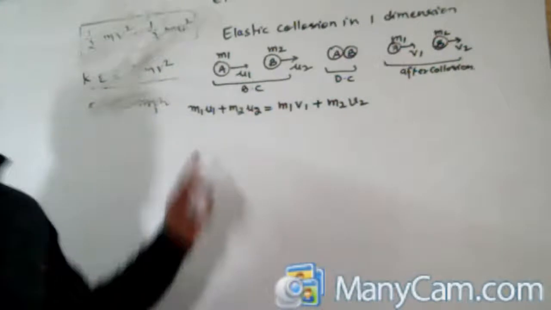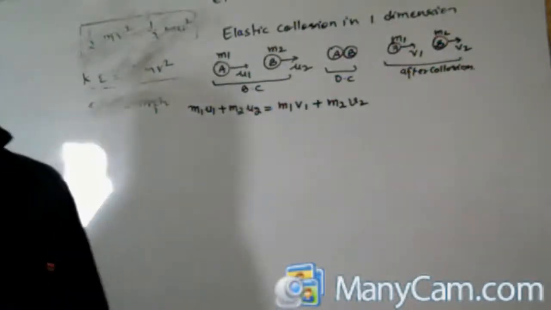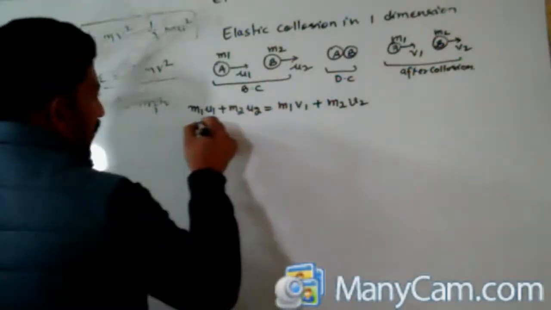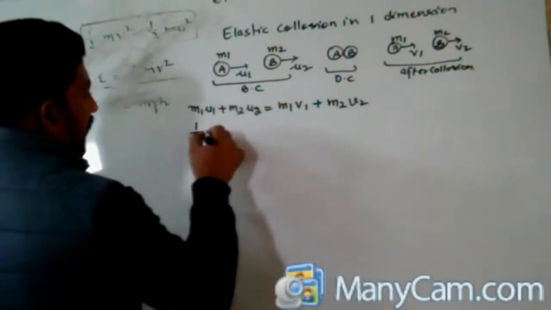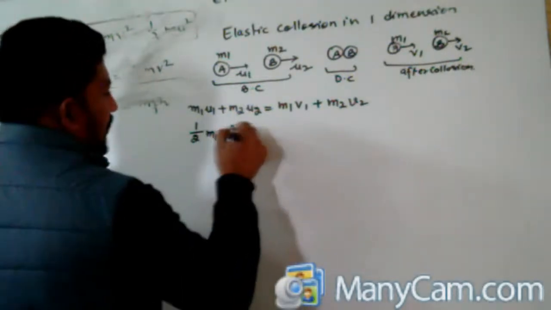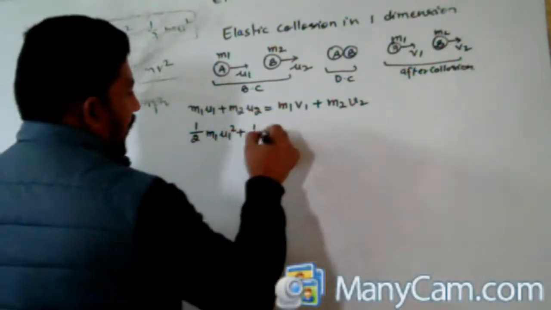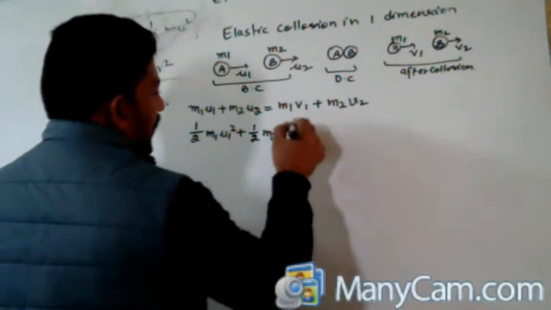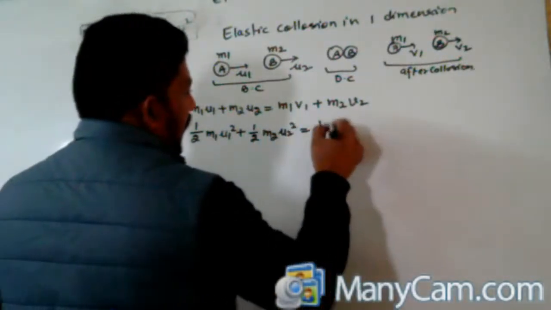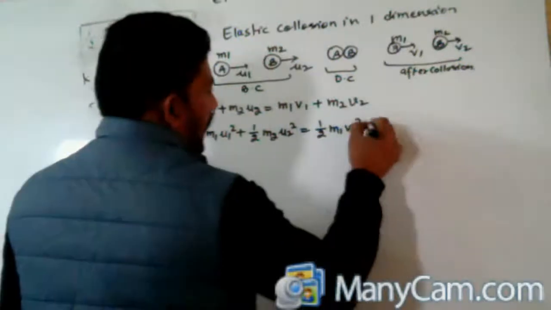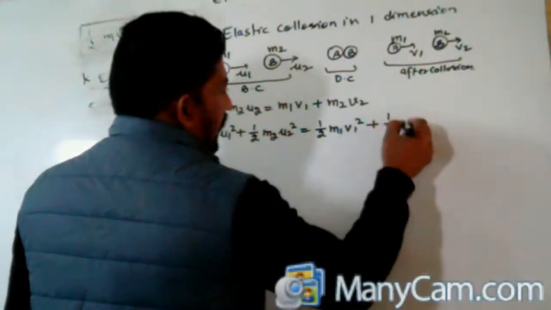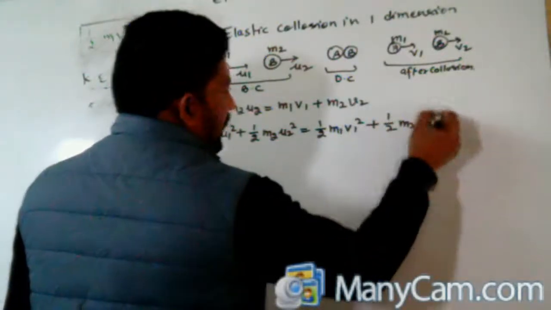That means initial momentum is equal to final momentum. Now the kinetic energy: 1 by 2 m1 u1 square plus 1 by 2 m2 u2 square is equal to 1 by 2 m1 v1 square plus 1 by 2 m2 v2 square.